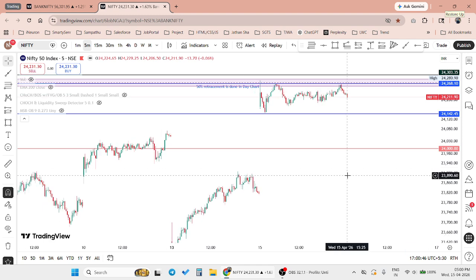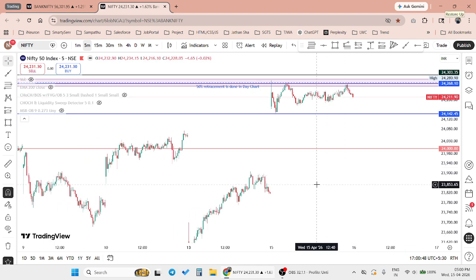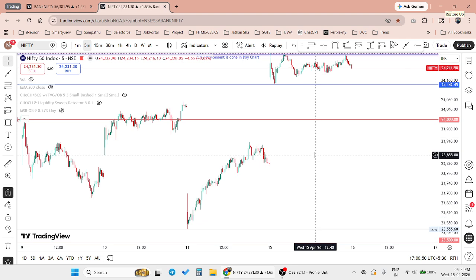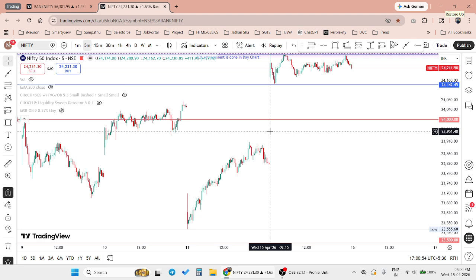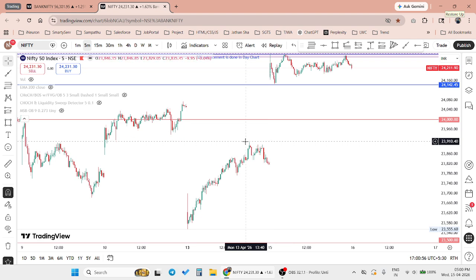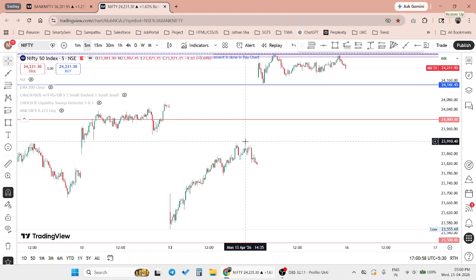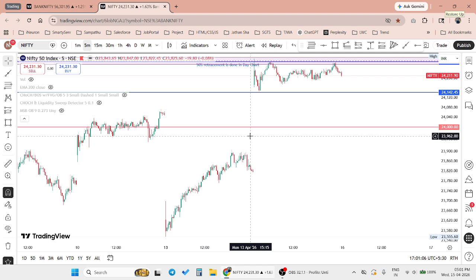So I'll explain it here again. Today is the 15th. Since yesterday it was a gap down and then it went all the way up, the overall trend is up, right? Uptrending. Then we have to look for a downtrend opportunity. But if you notice here, this is a gap up.